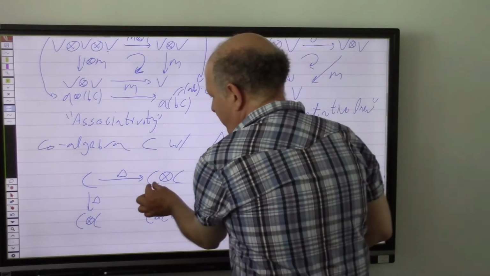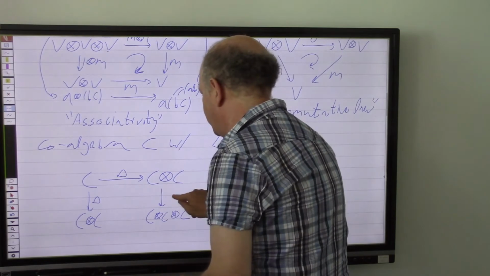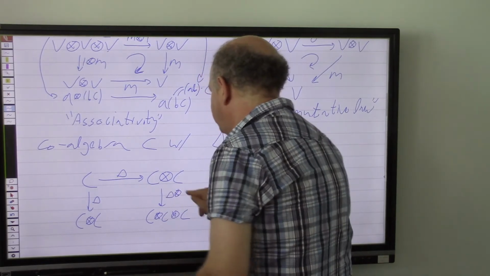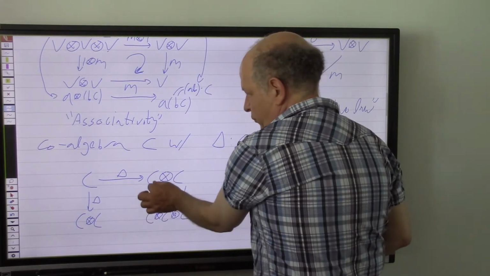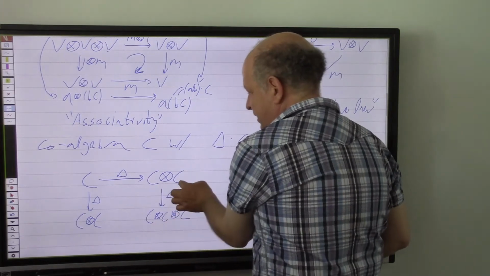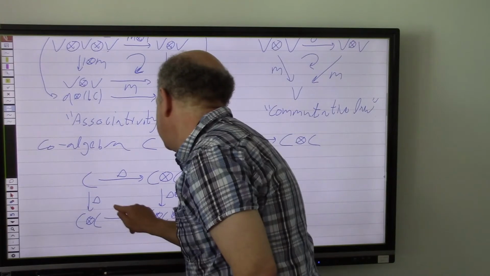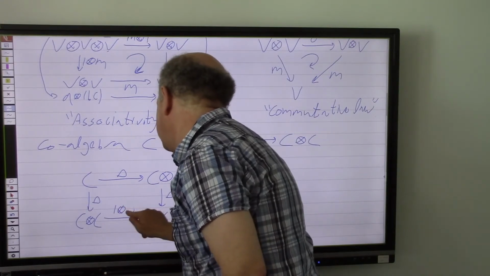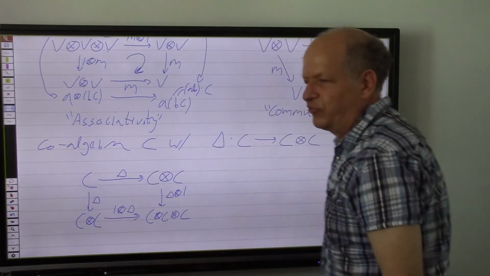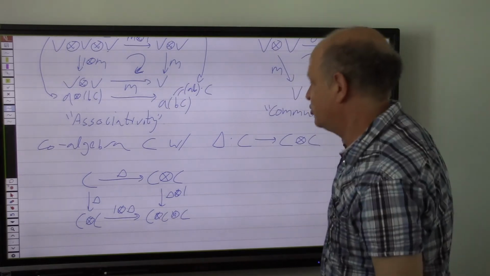One way is to apply delta to the first tensor factor and the identity to the second, so the first C becomes two C's and the last one remains. And the other way is to apply the delta to the second tensor factor.